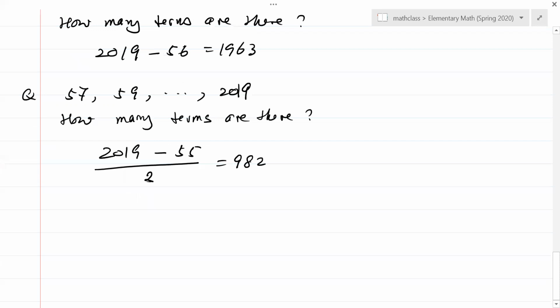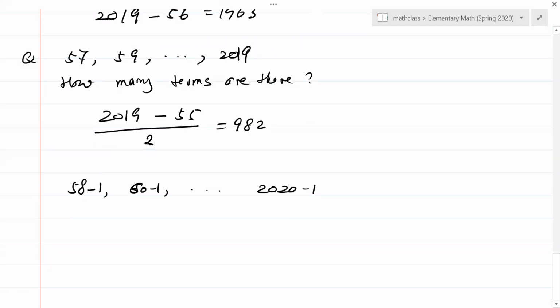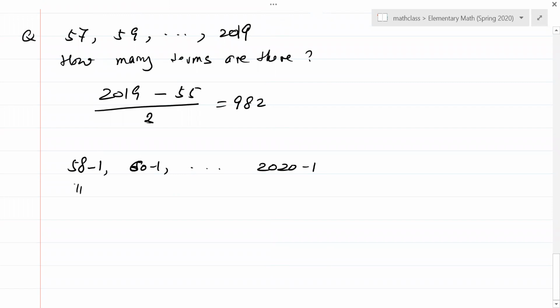982. Now, what I want you to do is write down each odd number in this form: 58 minus 1, 60 minus 1, and 2020 minus 1. Then each of the numbers is written as 2 times 29 minus 1, 2 times 30 minus 1, 2 times 1010 minus 1.